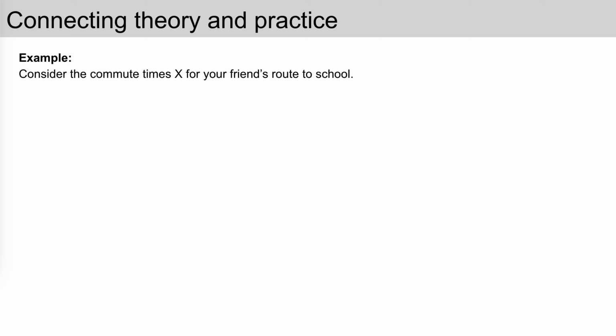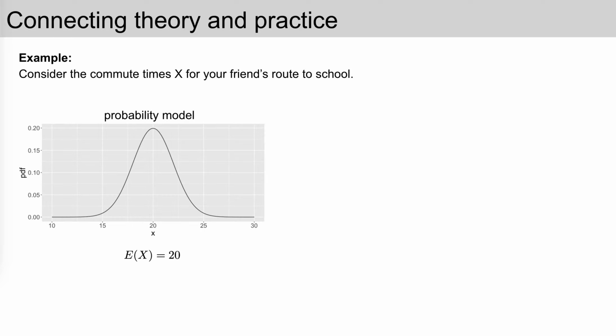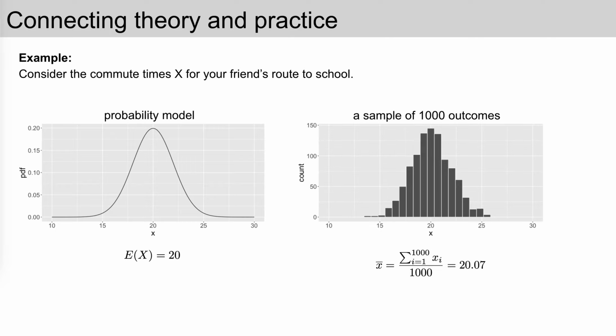Finally, to connect this theory with practice, recall the commute times x for your friend's route to school. According to the underlying probability model of x, we expect that route to take 20 minutes. To consider how this plays out in practice, suppose we collect data on your friend's commute time on 1,000 different days.